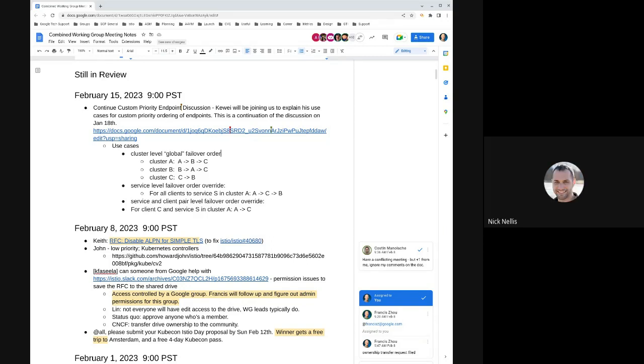Based on the last conversation, it appears that the way destination rule works today and the way it does selection would be sufficient for their use case in terms of selecting those service to client pairs. I think there are 2 problems we need to figure out. One is that both versions of failover that exist in Istio don't allow second and third tier failover order. It's more on a programmable version based on some of the client properties.